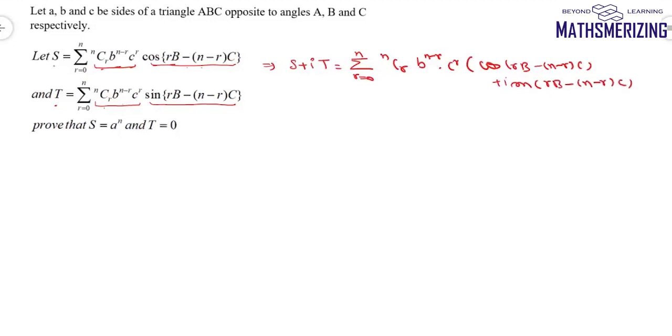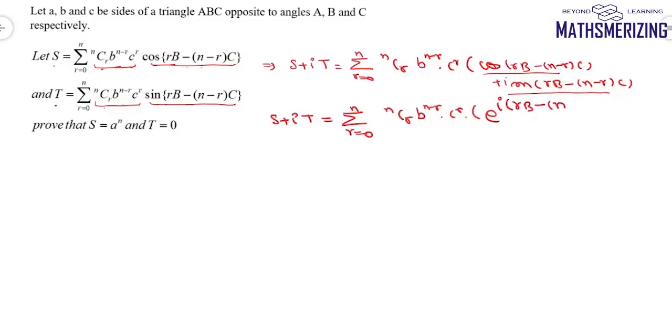Now Euler's formula says cos theta plus iota sin theta is e to the power iota theta. So I can write S plus iota T as summation r varies from 0 to n, nCr b to the power n minus r into c to the power r, and here I'll write e to the power iota (rB minus (n minus r)C).